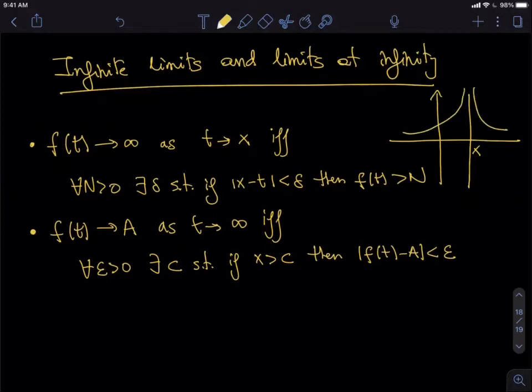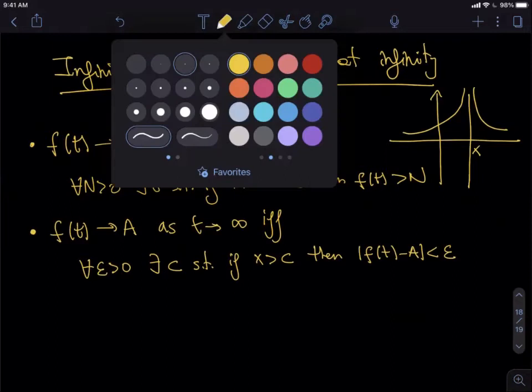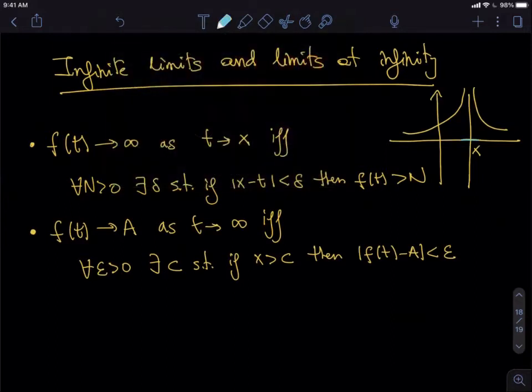And then what we are saying is that whenever we take some value n, there will be some delta that guarantees that the values of the function are larger than n. That is a vertical asymptote at x.